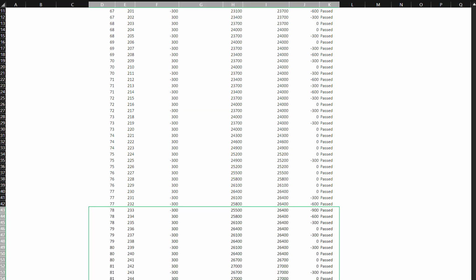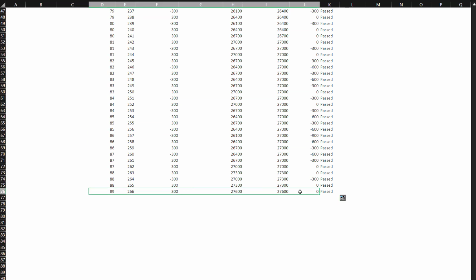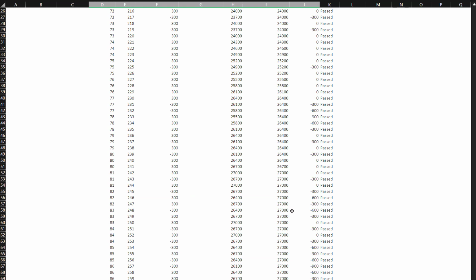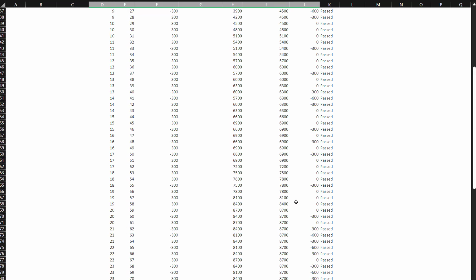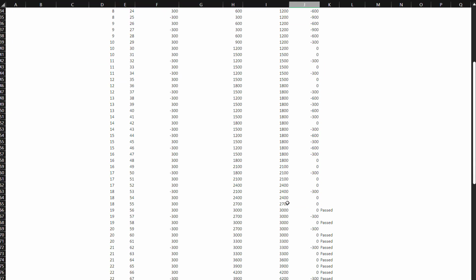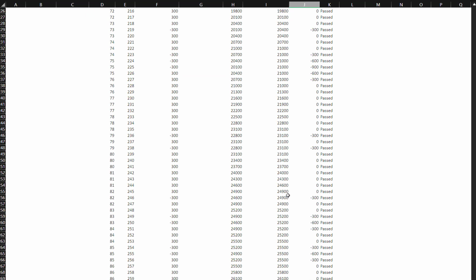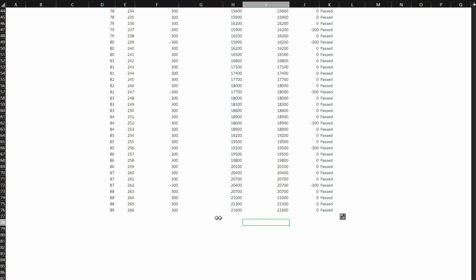And it changes every time because it recalculates. Within 90 trading days, you're at a $25,000 account. That's the goal, right? So this is the real goal.